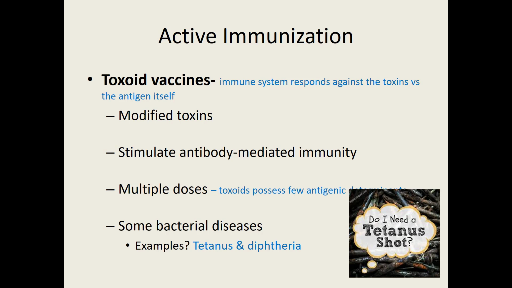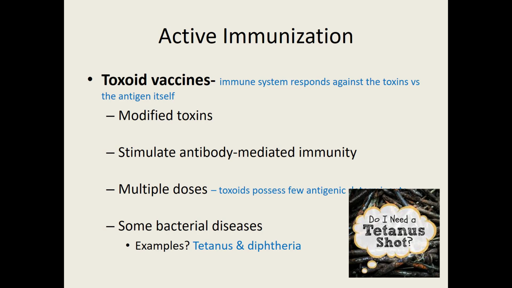Now, toxins themselves, or these toxoids, don't have a lot of antigenic determinants. It's on my pictures, right on my word. Determinants, aka they don't have a lot of antigens on them, so they're not usually going to trigger a strong immune response. There's just not as many things that our immune system recognizes and will remember if it sees these toxins.